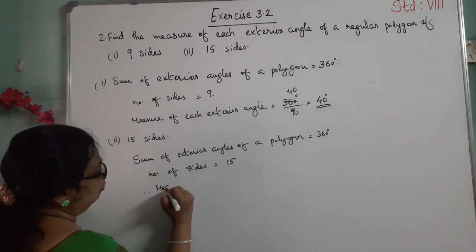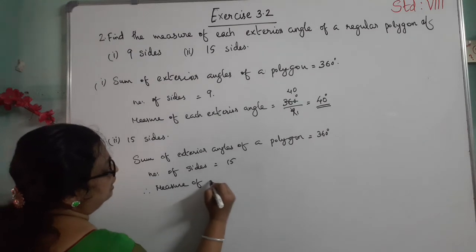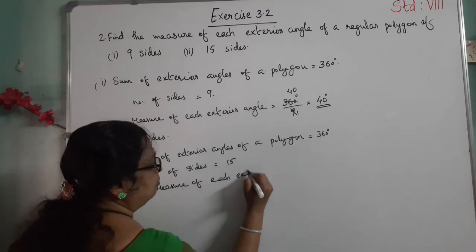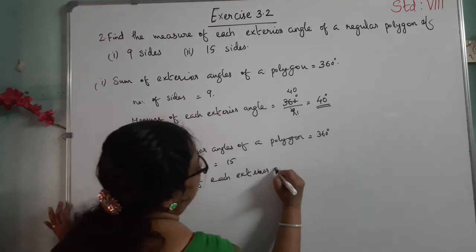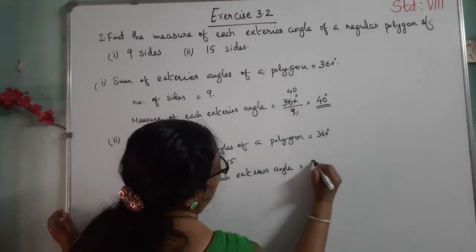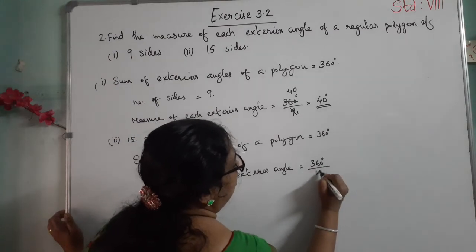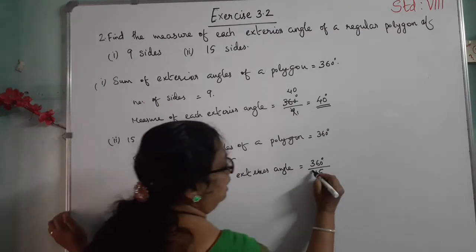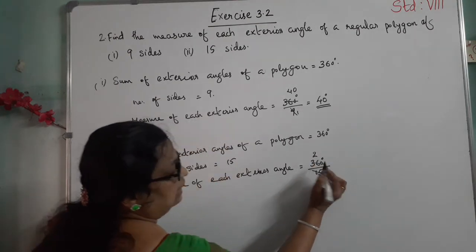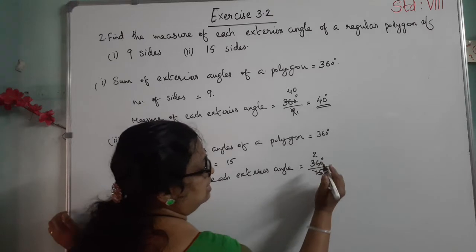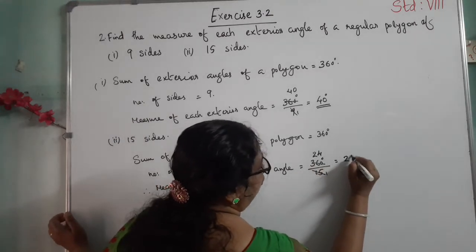Therefore the measure of each exterior angle equals 360 degrees divided by 15. Then 15 ones, 15 twos are 30, then 6 remainder 60, 15 fours are 60, so 24 degrees.